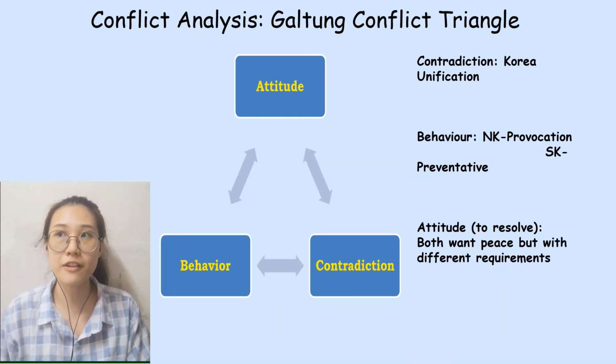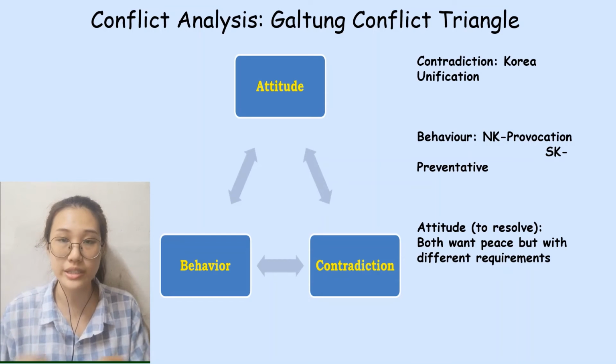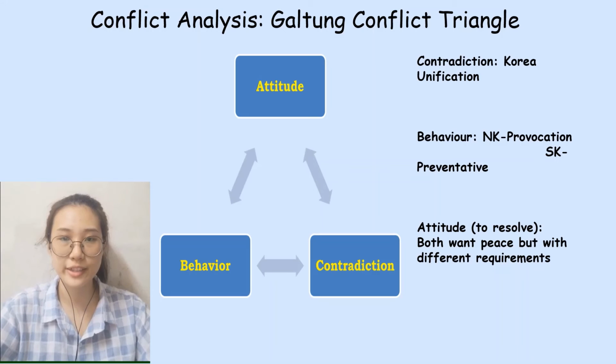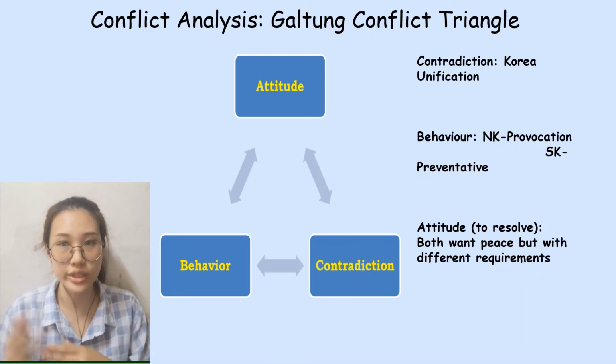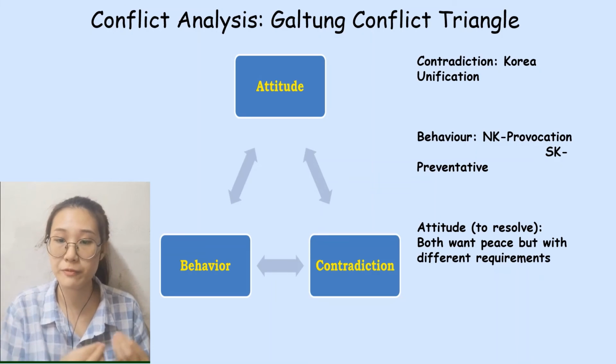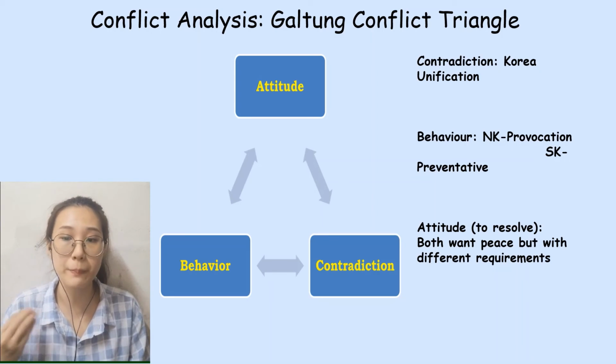Thus, North Korea took the further step to develop nuclear weapons, which is strongly condemned by South Korea. Well, in the behavioral perspective, North Korea has provocative and aggressive behavior. For instance, they launched several attacks towards South Korea, such as the assassination attempt on former South Korean President Park Chung-hee.